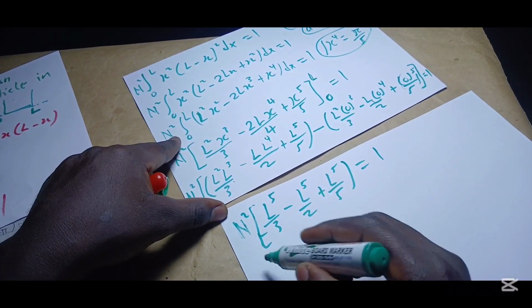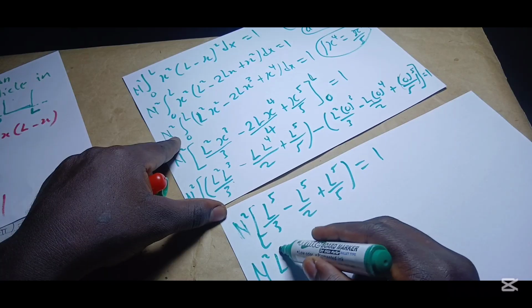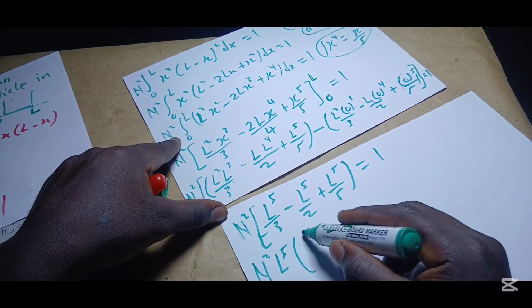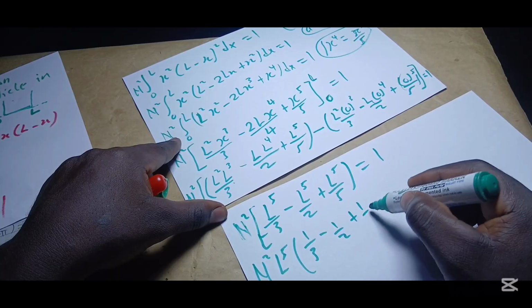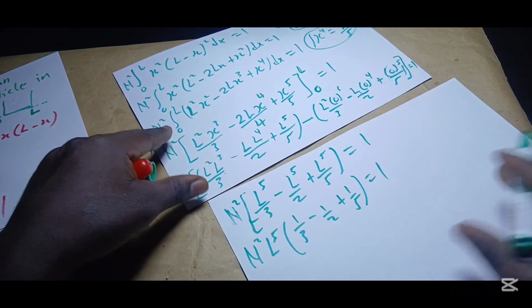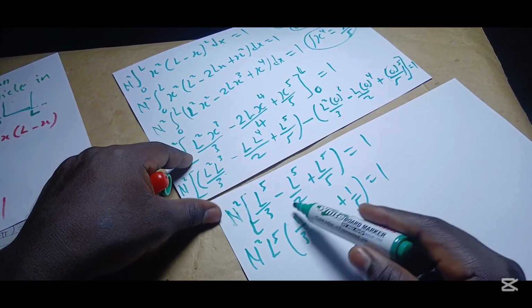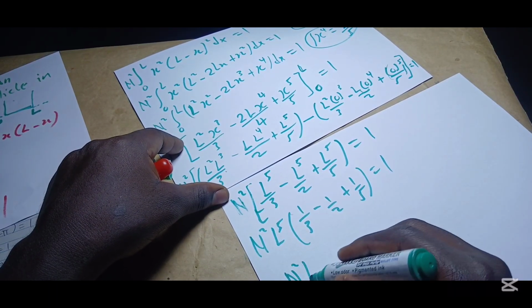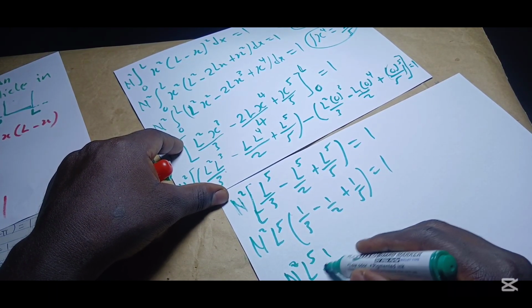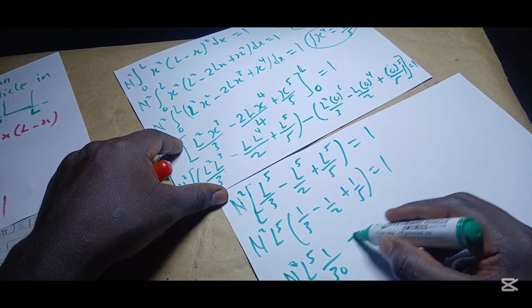So now let's factor L to the power 5 out. n squared L to the power 5, in brackets, becomes 1 over 3 minus 1 over 2 plus 1 over 5, equals 1. So let's add whatever is in the bracket. We are going to get 1 over 30. So n squared L to the power 5, times 1 over 30, equals 1.